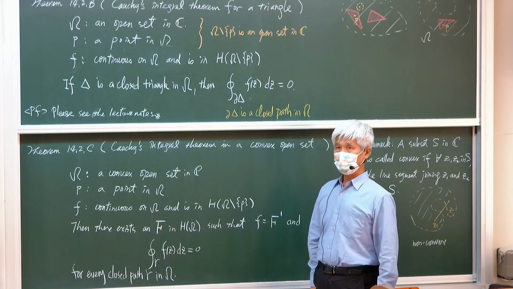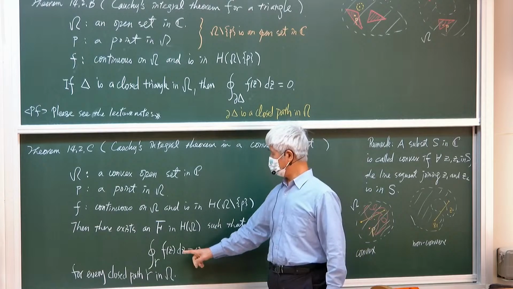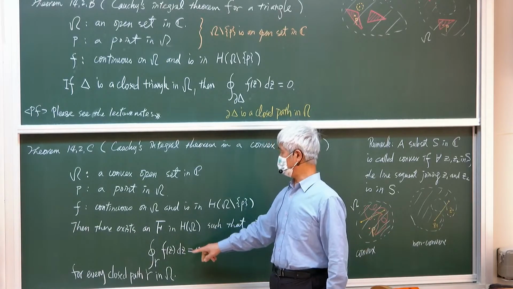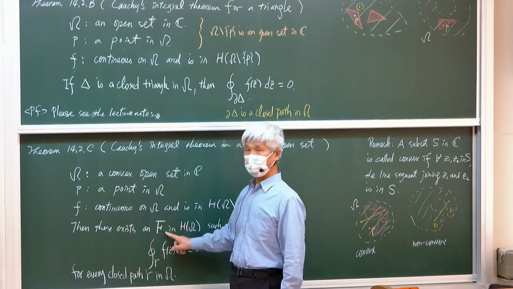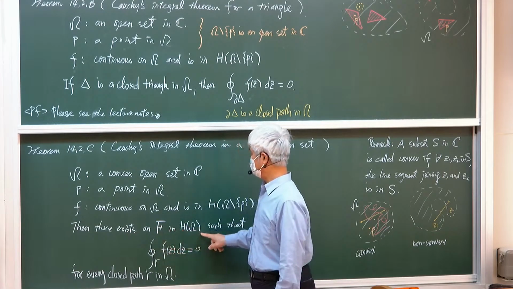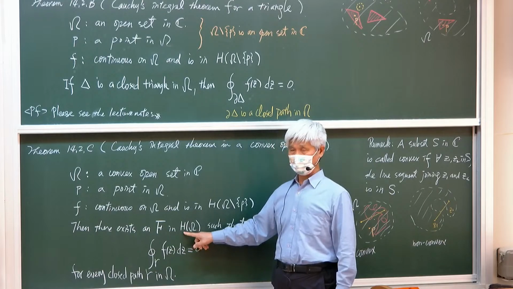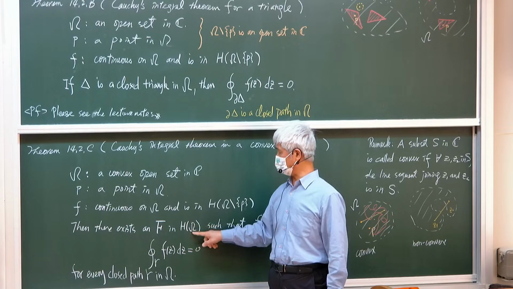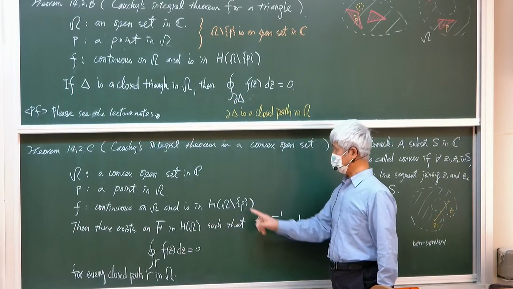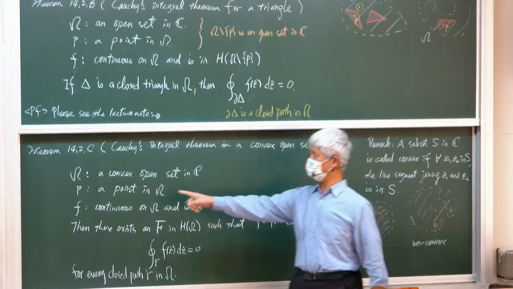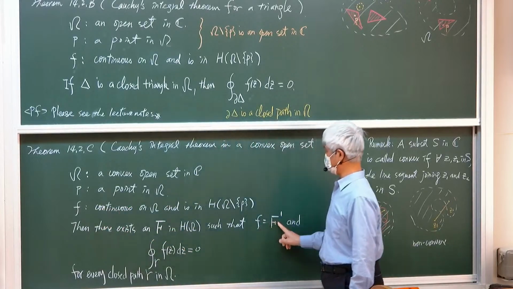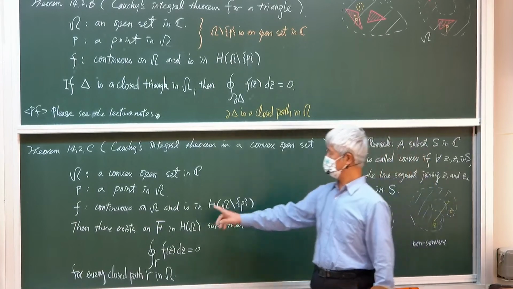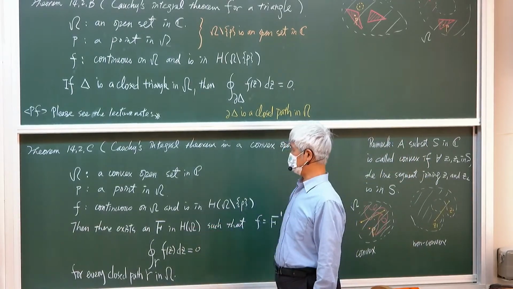Also, in addition to this nice result, there exists a complex function capital F, which is differentiable at every point in omega, such that the original complex function little f is just the derivative of capital F. So this is our result.